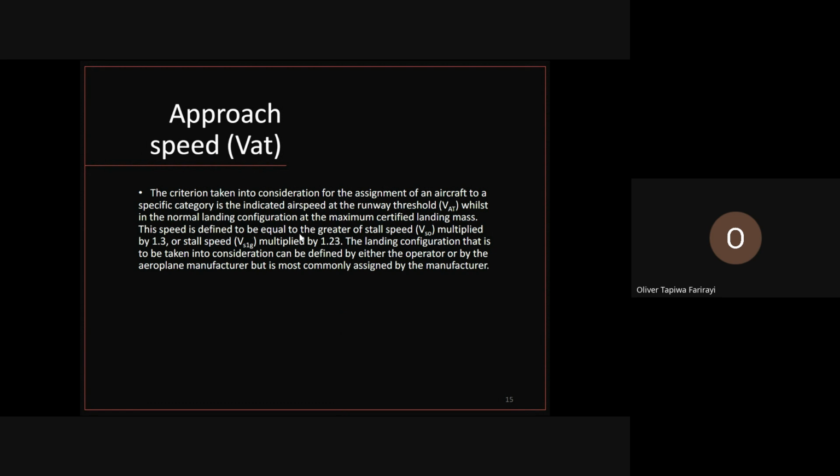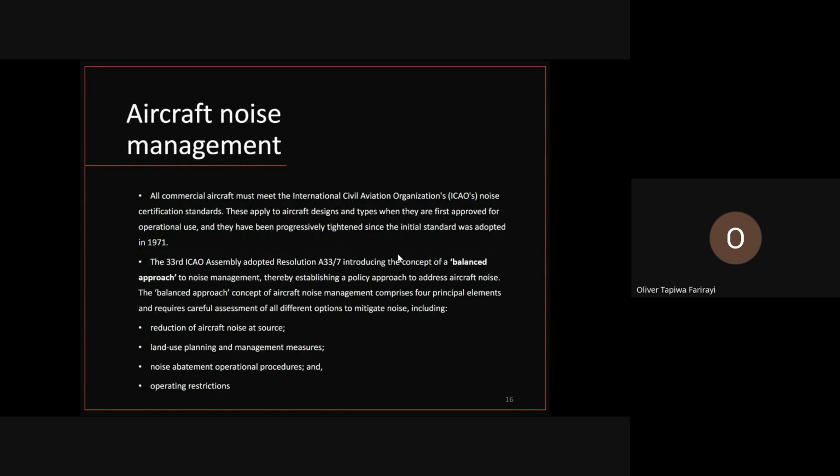This speed is defined to equal or be greater than the stall speed multiplied by 1.3. So this is important for you to understand how this is calculated. VS multiplied by 1.3, or stall speed multiplied by 1.23. Just know the formula. You will not be expected to make those calculations because it's already done for you. But you must know how it was derived.